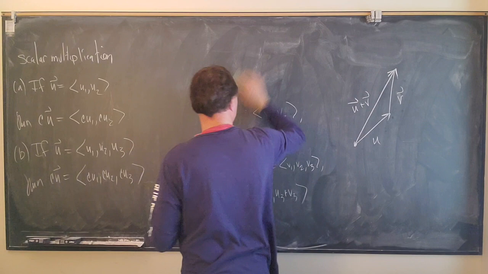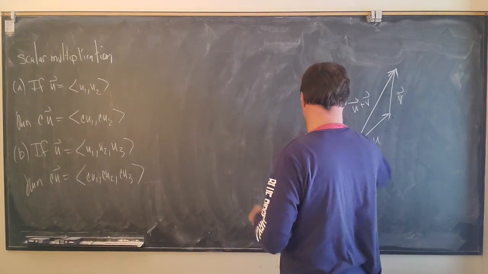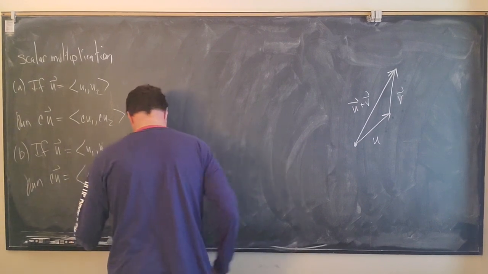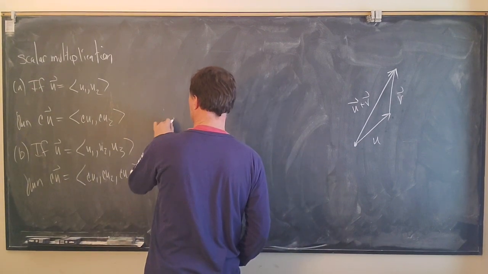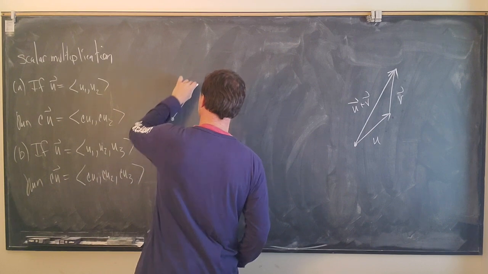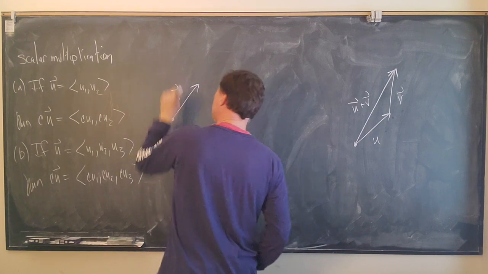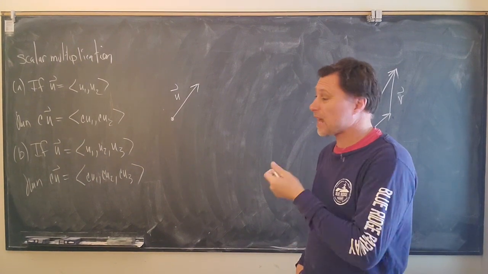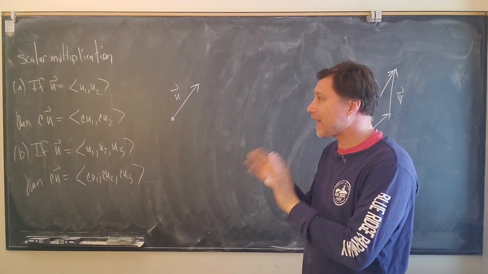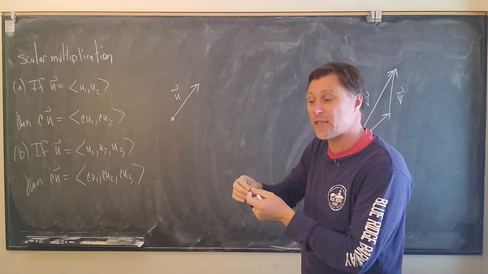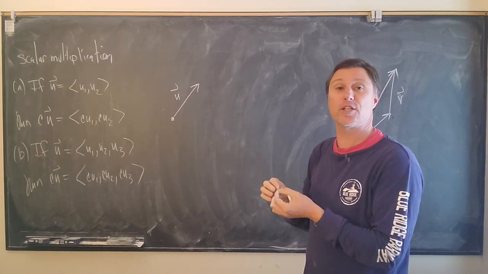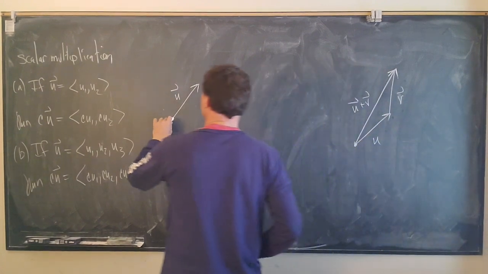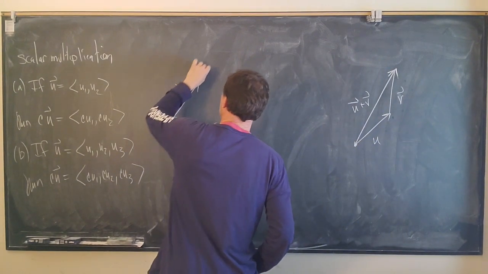Scalar multiplication has a geometric way to view it also. If you have your vector u like this, then depending on the value of c, c times u is going to look different. You should think of scalar multiplication as a process of stretching or shortening.